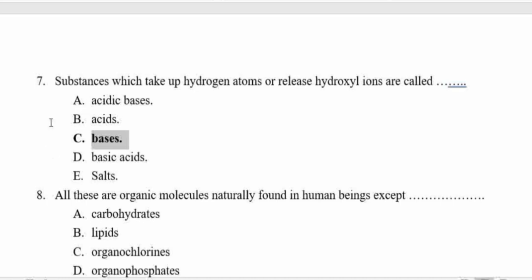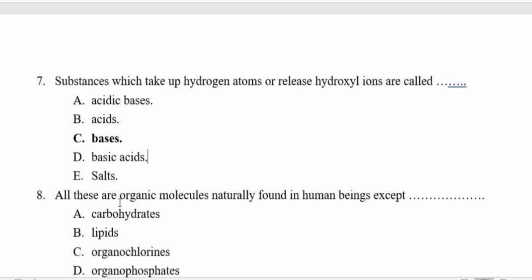The ones that give out hydrogen ions are acids. Acids are proton donors. So our best option is C.